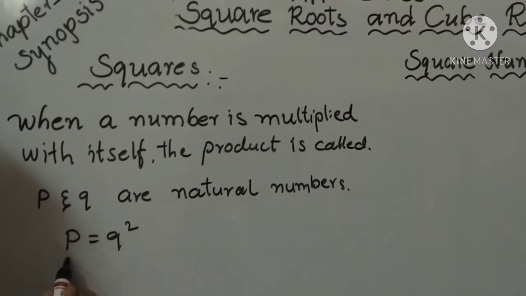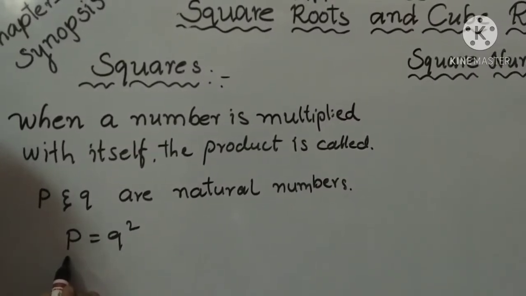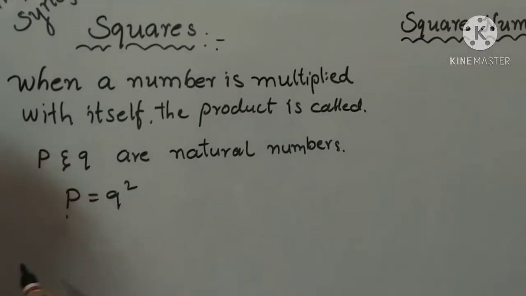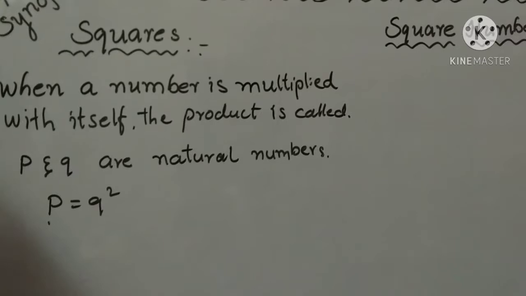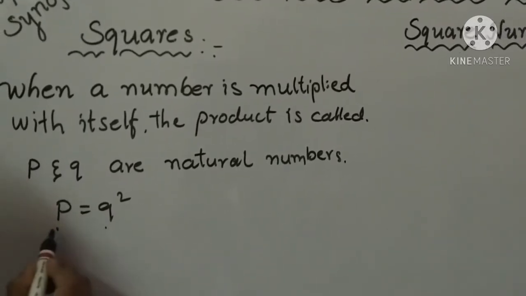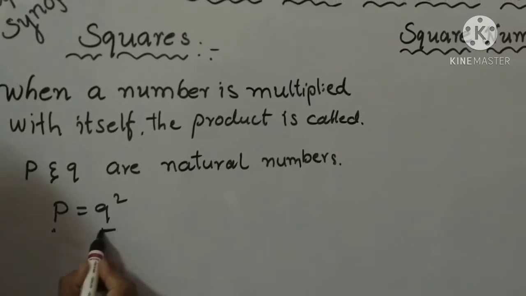It means P is a square number. P and Q are natural numbers and P is the square of the number Q.